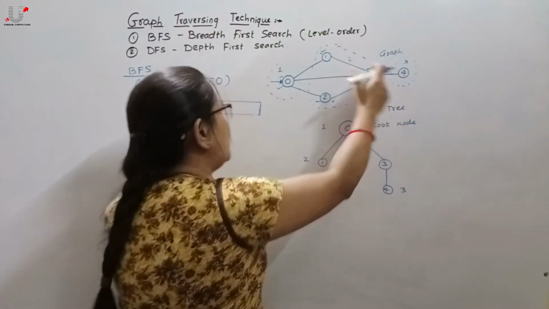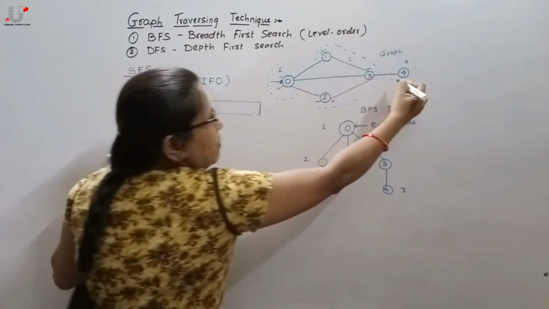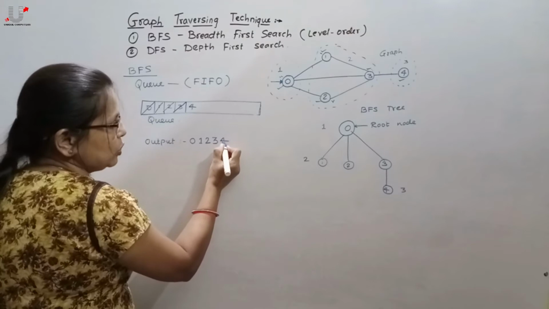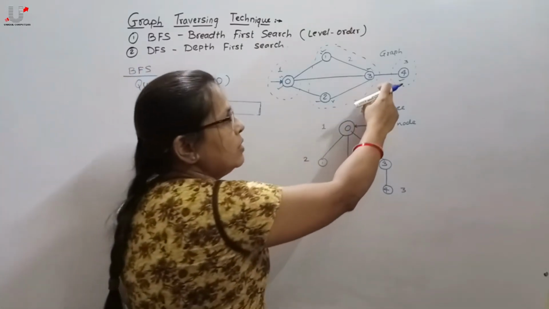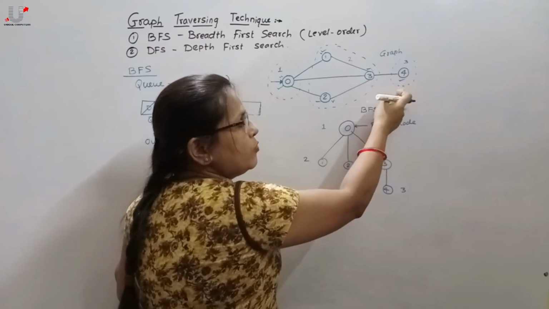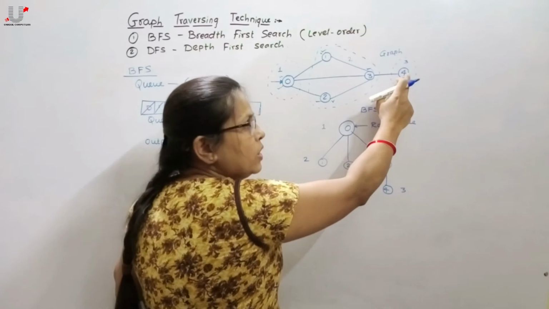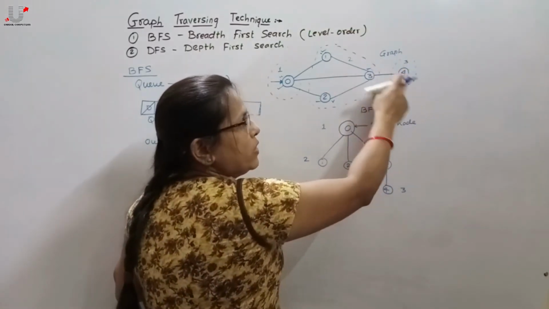So add 4 into the queue, mark it as visited and add the same node to the output list. Then check whether there is any further adjacent unvisited node of 4. No, it's a terminal, an ending node of the graph.